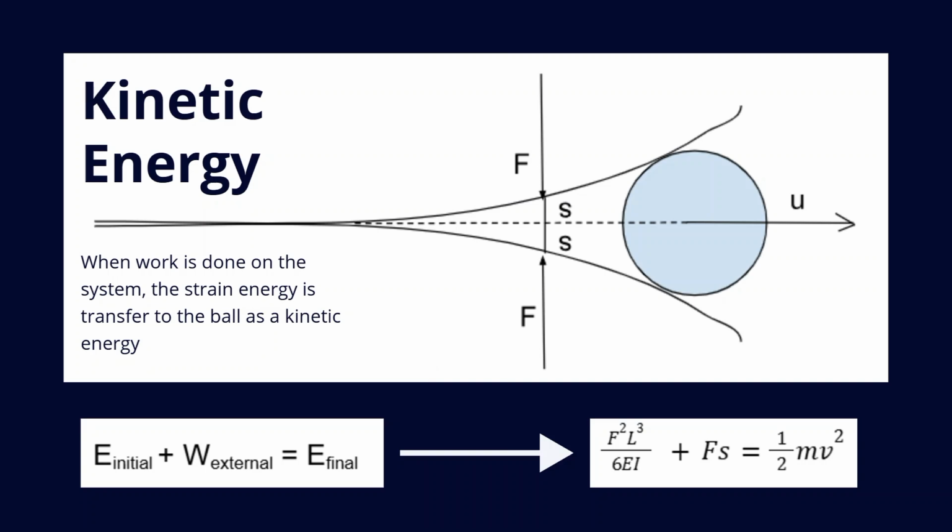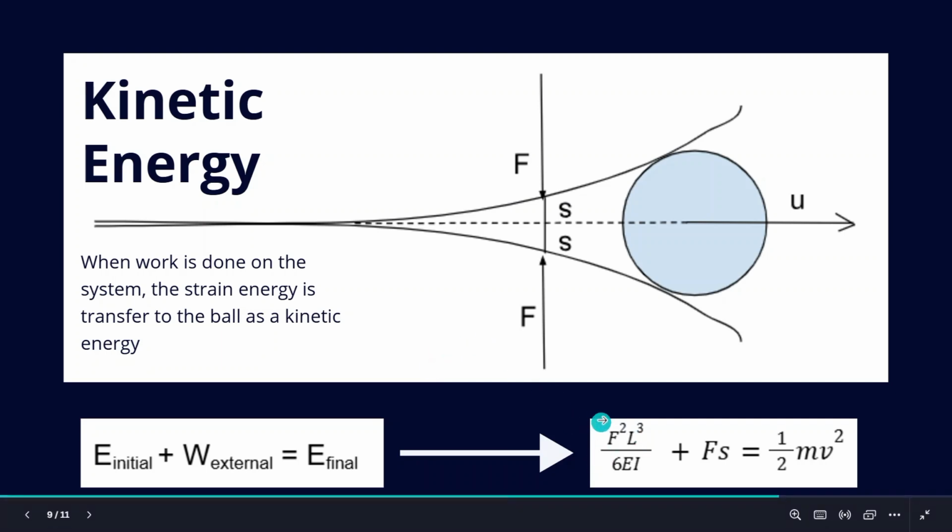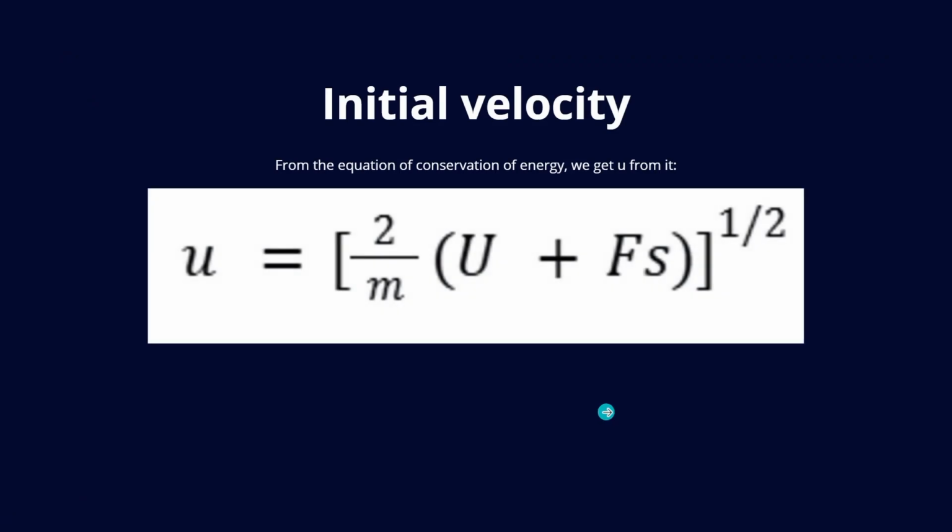And this is caused by the work done by us, or we are the ones that cause the external work done. So it's going to change from strain energy to kinetic energy. And from this conservation of energy equation, we are able to find the initial velocity of the ball.